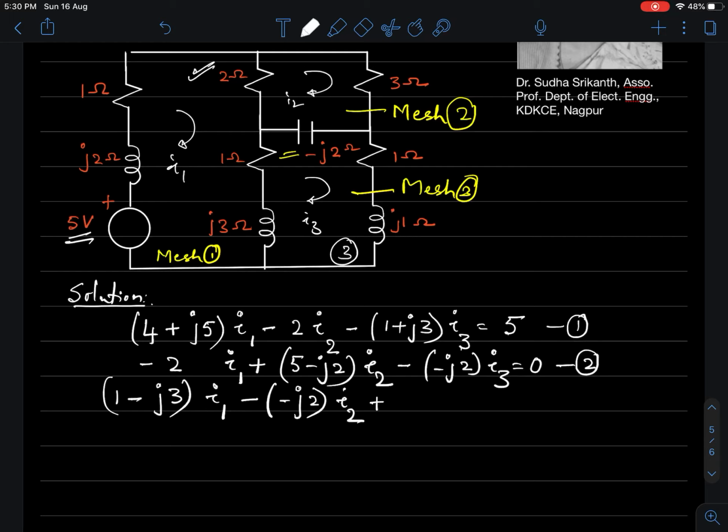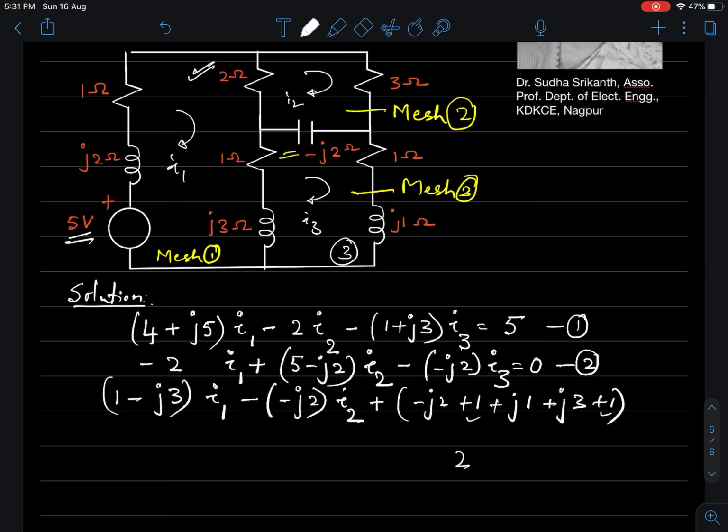The third element is the sum of the impedances contained in that particular mesh itself. So what will that be? I'll sum it up here and then erase. I'll go in the clockwise direction from the top left corner, minus J2, plus 1, plus J1, plus J3, plus 1, adding all the impedances. 1 and 1 is 2.